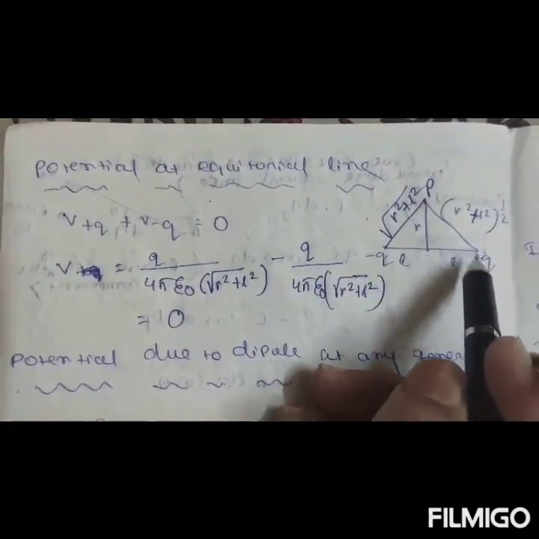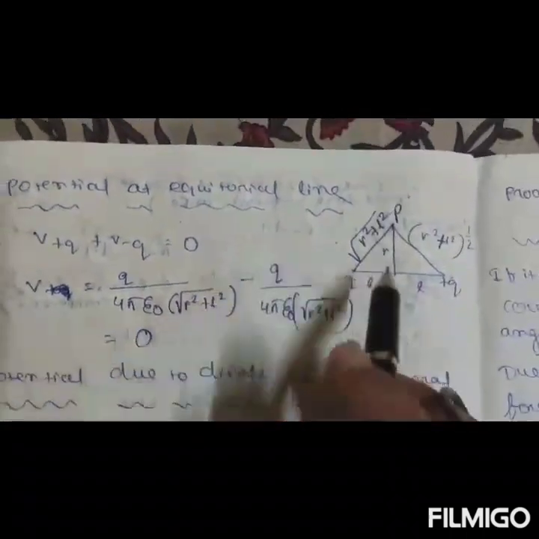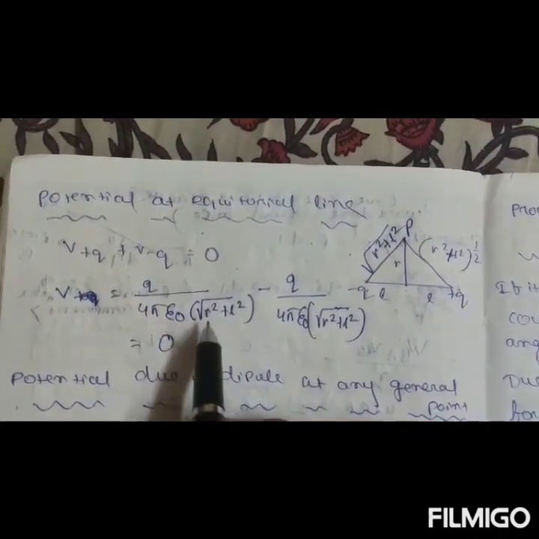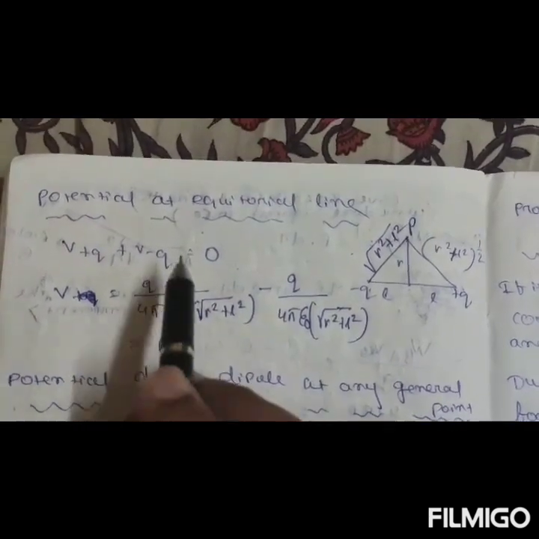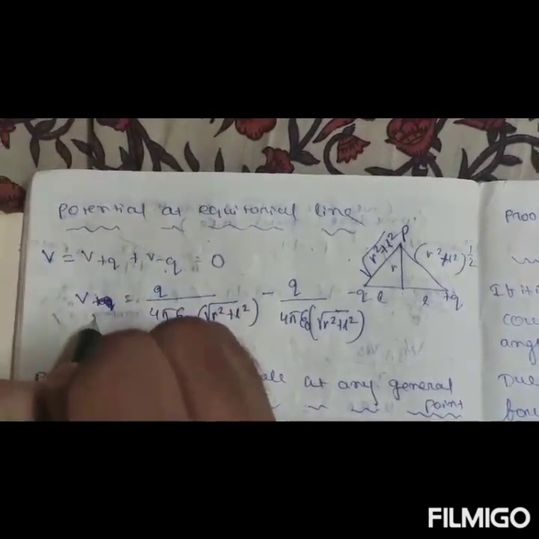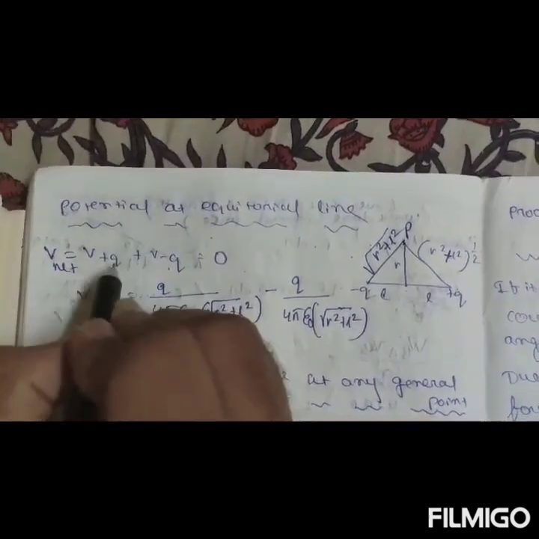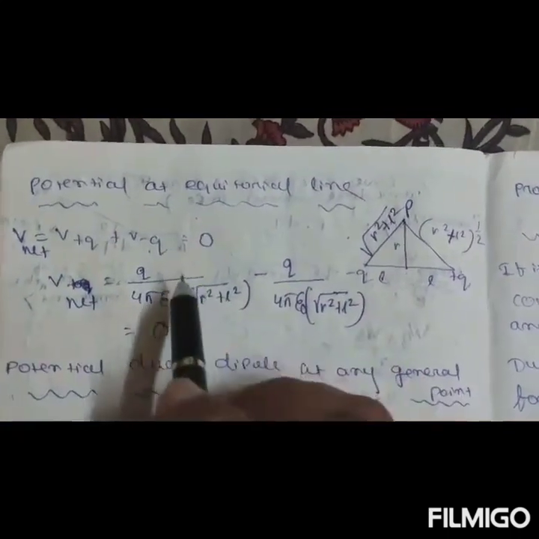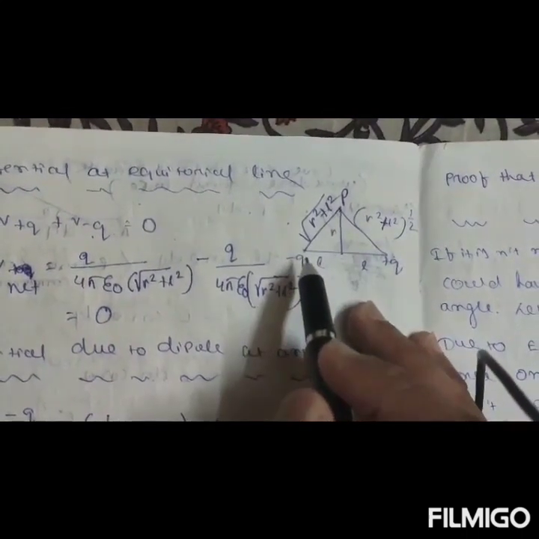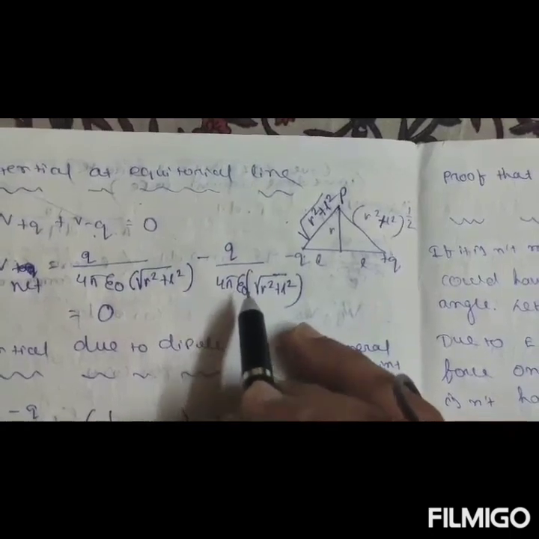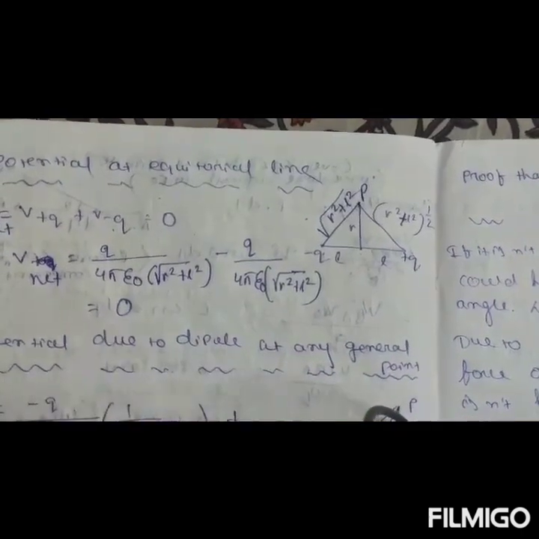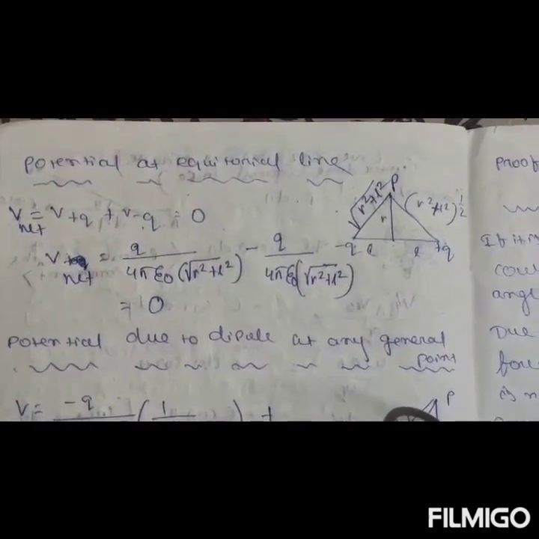This is due to plus Q. And at the equator, V minus Q is nothing but minus Q divided by 4 pi epsilon naught root over of R square plus L square. Net V equals V plus Q plus V minus Q. So what will you get as the answer? 0, right?